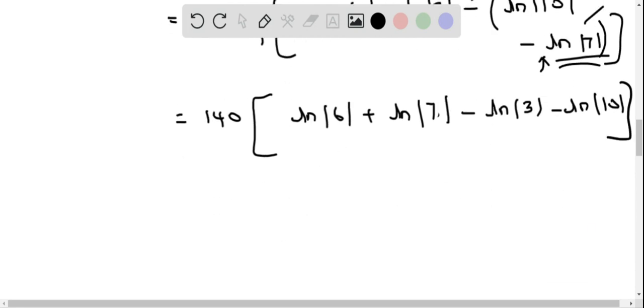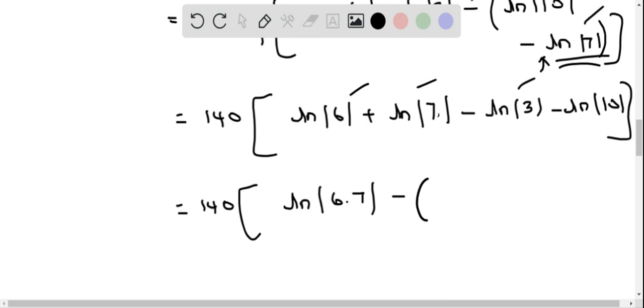We now use the properties of natural logarithm, that is we have 140 here. The sum of two natural logarithms we can write as natural logarithm of the product of the numbers, that is 6 times 7. Then here also we can factor out the negative, and then write this as natural logarithm of 3 plus natural logarithm of 10.